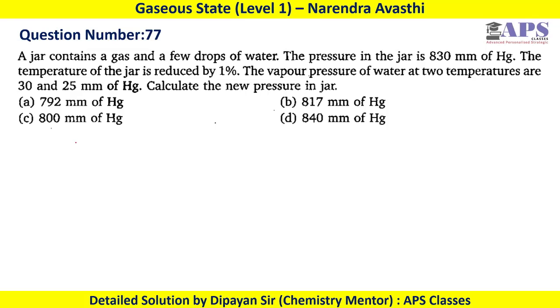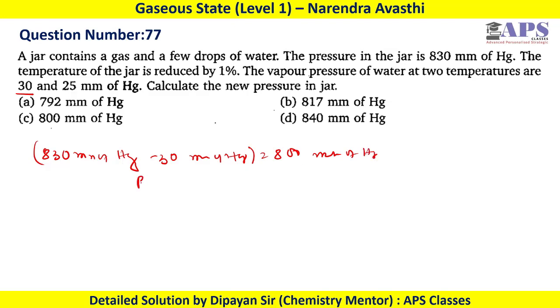So in this case, initially 830 mm of Hg is the total pressure, where 30 is the vapor pressure. So you have to minus 30 mm of Hg. So the total pressure will become 800 mm of Hg. Okay.